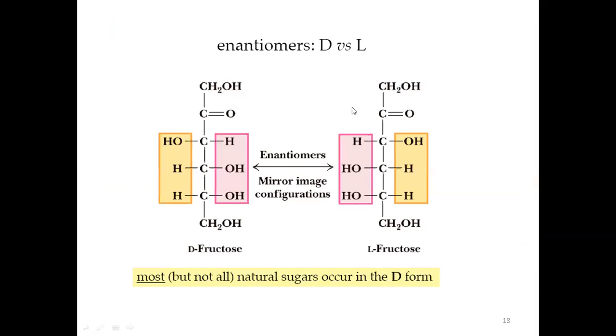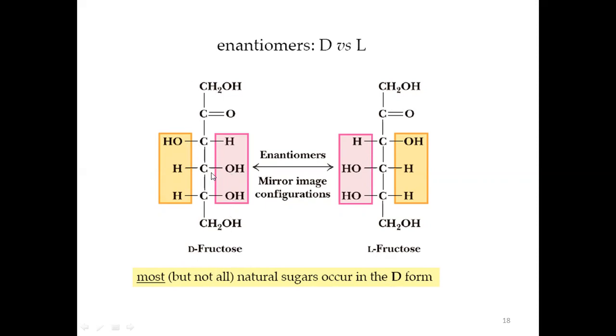Okay, so let's see enantiomers, D versus L. Here is the structure of fructose. This is a different kind of monosaccharide, where it doesn't contain an aldehyde but rather a ketone, the C double bond O. In its structure, you have the OH here.